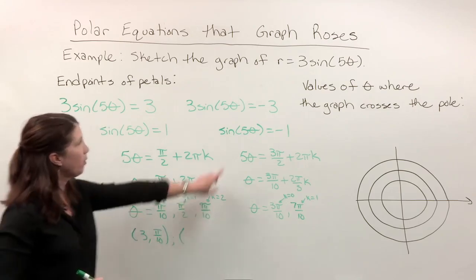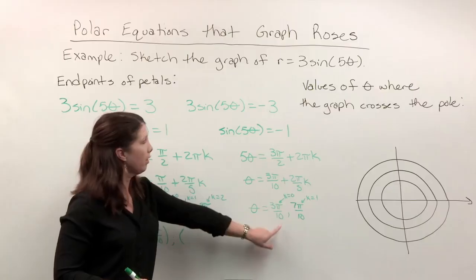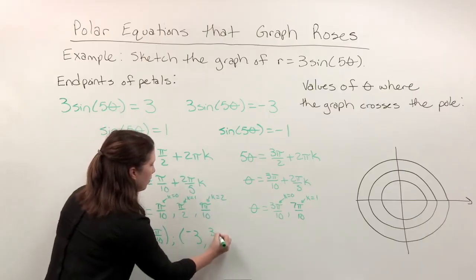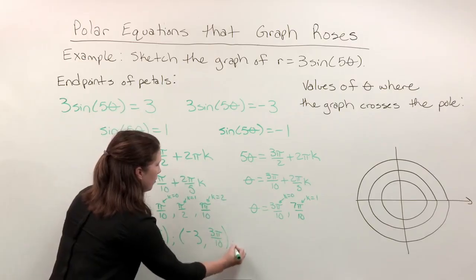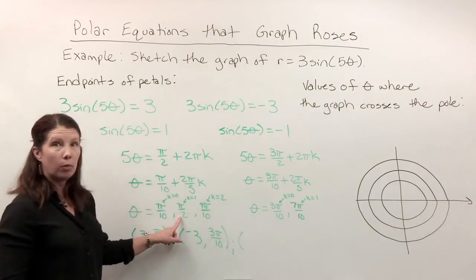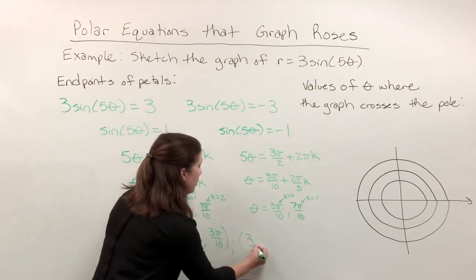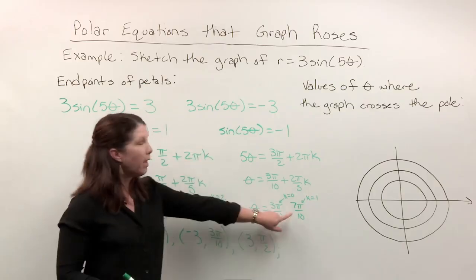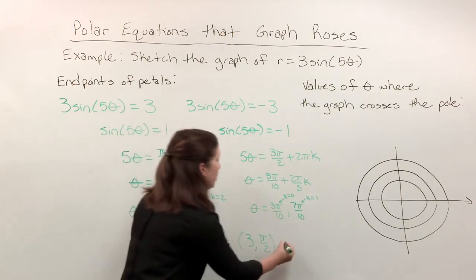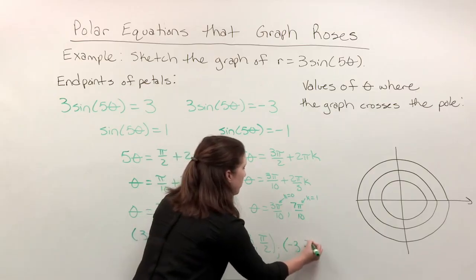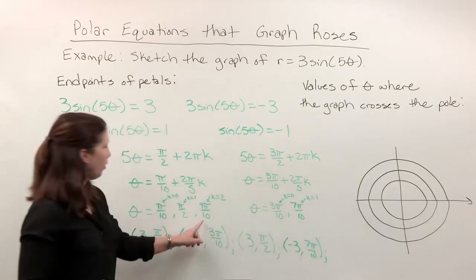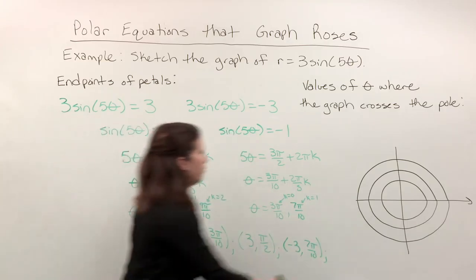Then my second ordered pair would be negative 3, 3 pi over 10. The next one would be 3, pi over 2. Negative 3, 7 pi over 10. And then the fifth one would be 3, 9 pi over 10.